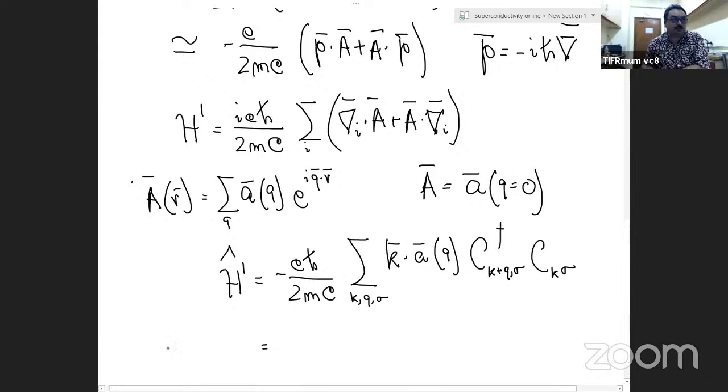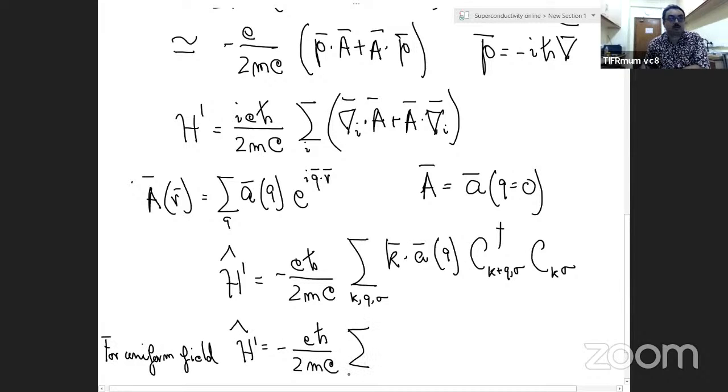So then, for a uniform field, I will get this perturbation part of the Hamiltonian to be twice e h-cross by twice mc, sum over k sigma, k dot A, and c k sigma dagger c k sigma.